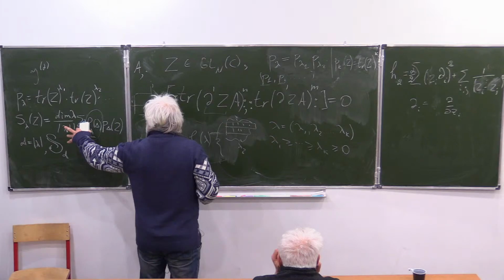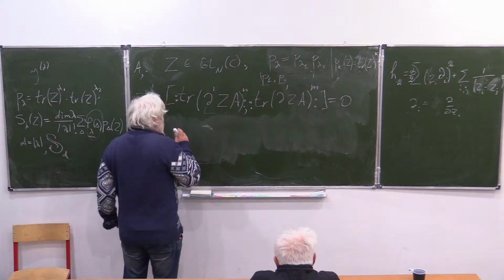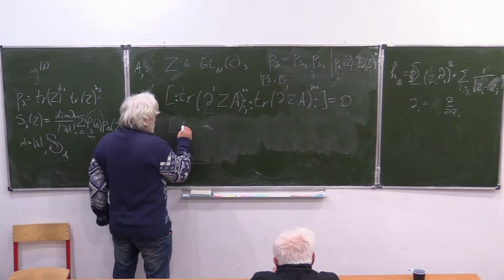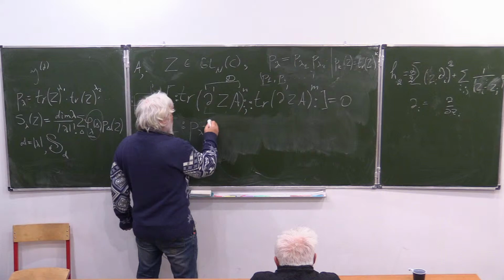I want to say that the conjecture is not actually proven. The conjecture is the following. Let me denote it as some letter D. D is this product, and the property should hold for all partitions lambda and mu.